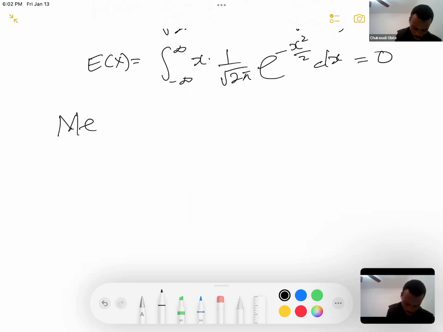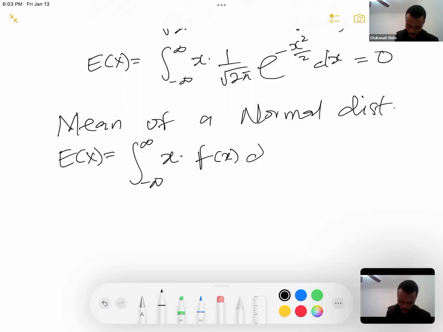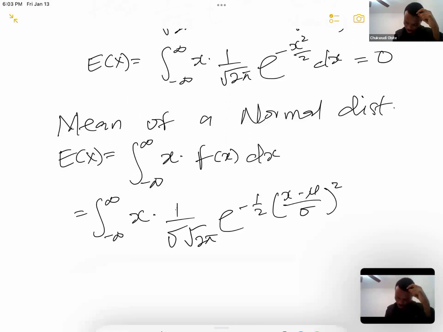So the mean of a normal distribution from direct integration. We know that expected value of x is integral minus infinity to infinity x times f of x dx, which is equal to integral from minus infinity to infinity x times what is f of x, 1 all over sigma square root of 2 pi e raised to power minus half, x minus mu over sigma, squared, dx.